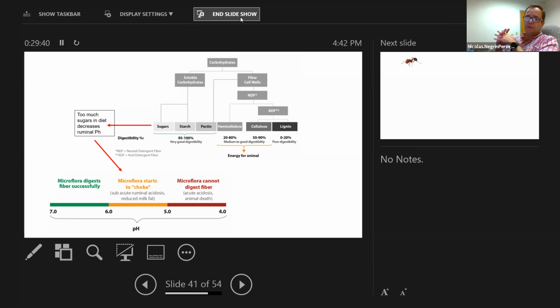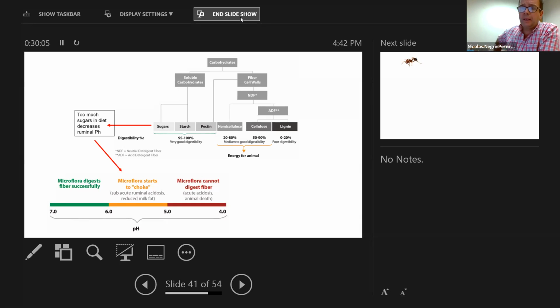Milk fat is going to be reduced as a consequence of that metabolic problem. But also we will see other problems like laminitis or feet problems in the animals. And sometimes some of the bacteria die, actually freeing endotoxins due to the fact that they are dying, which are going to be absorbed through the walls of the rumen.